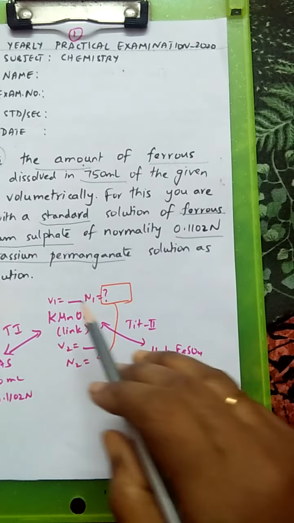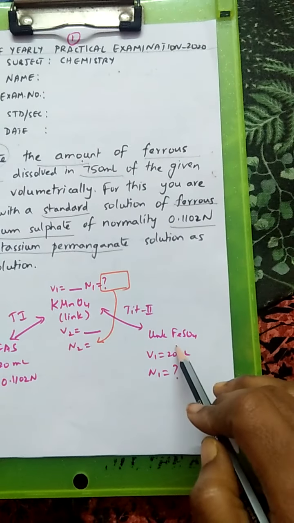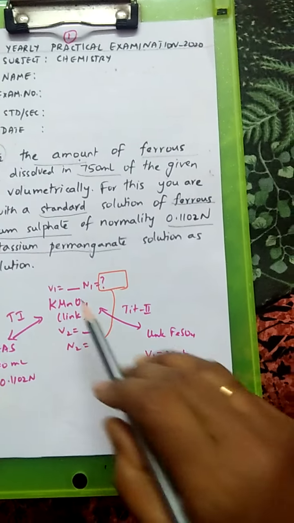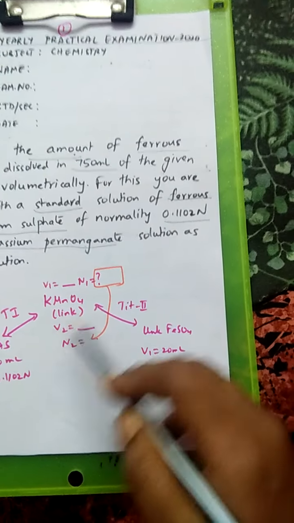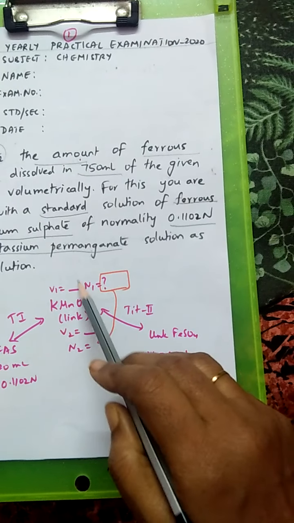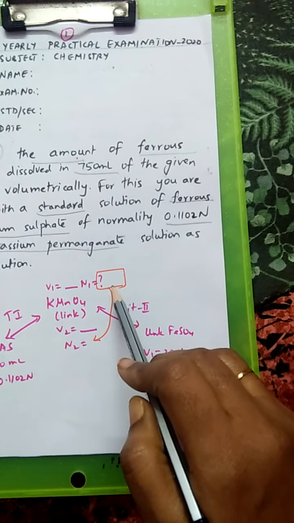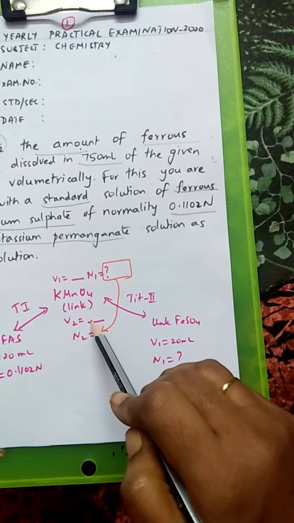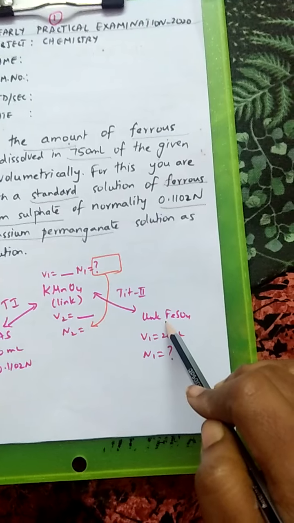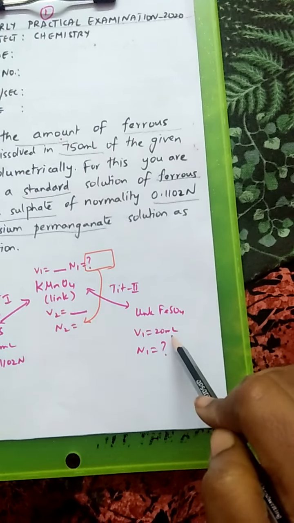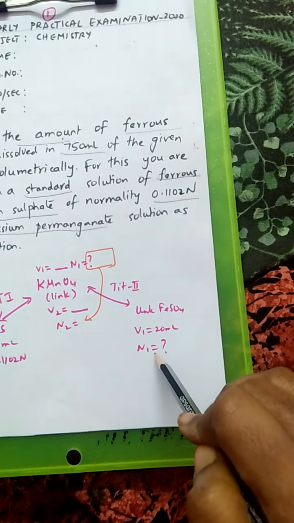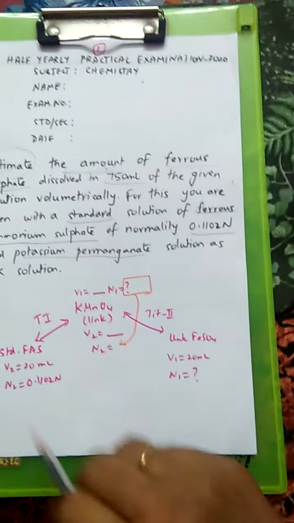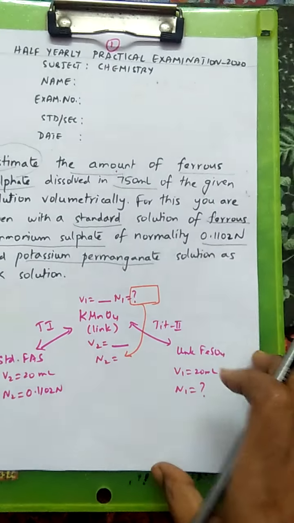Second titration is between KMnO4 and unknown ferrous sulfate solution. Here the KMnO4 normality and volume become known. So the normality of KMnO4, which is determined in the first titration, will be substituted in the second. And volume is the burette reading. Volume of ferrous sulfate, which is going to be taken in the pipette, is 20 ml. Normality can be calculated. Okay, this is how the experiment is going to be carried out.